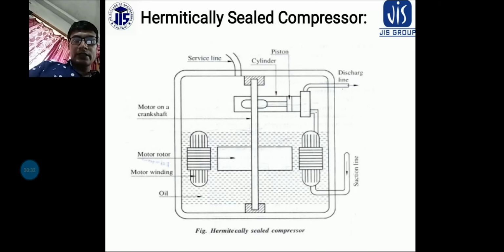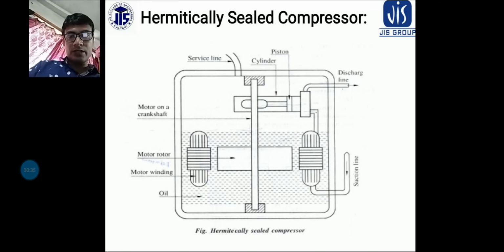Now, what are the demerits? The wiring of the motor may get damaged in the presence of moisture. If there is any kind of moisture, then the wire of the motor may get damaged. The next demerit is that maintenance is difficult. The welded joint has to be broken open for repairs.